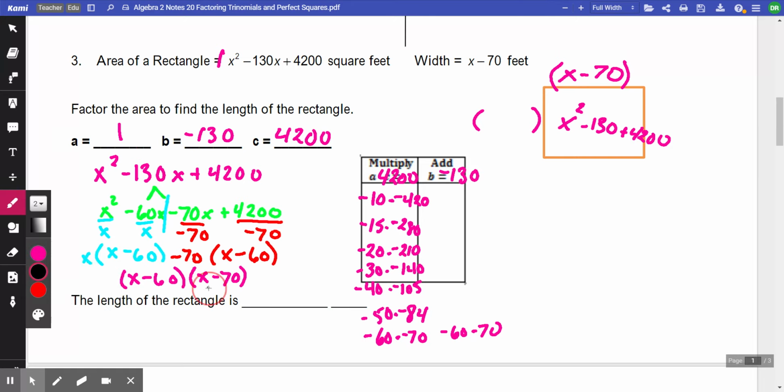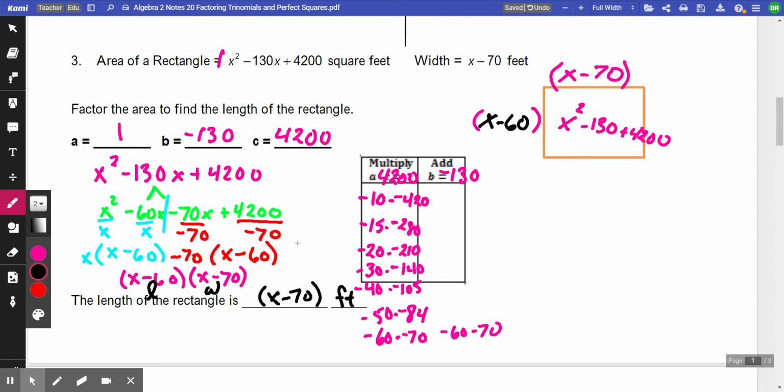We have the width right here. And so if that's our width, then the other quantity that we're multiplying with it must be our length. And so now I know that to get this area, we need to take x minus 60 times x minus 70. And so the length of this rectangle is simply going to be x minus 60. And we are measuring in feet.